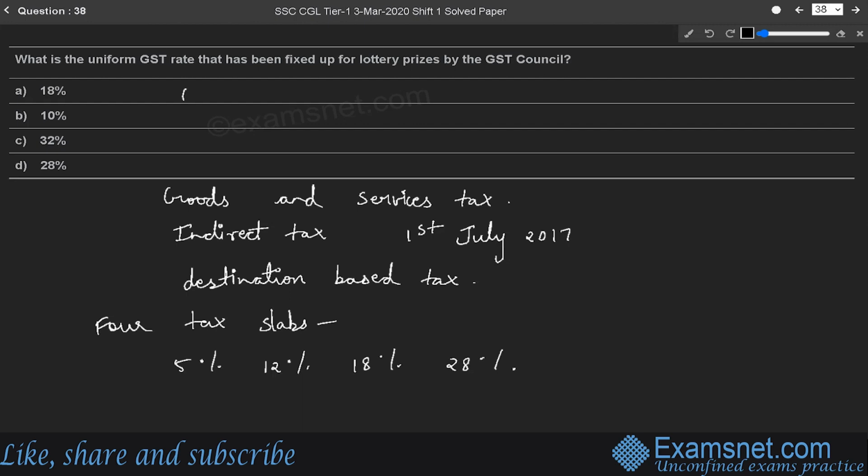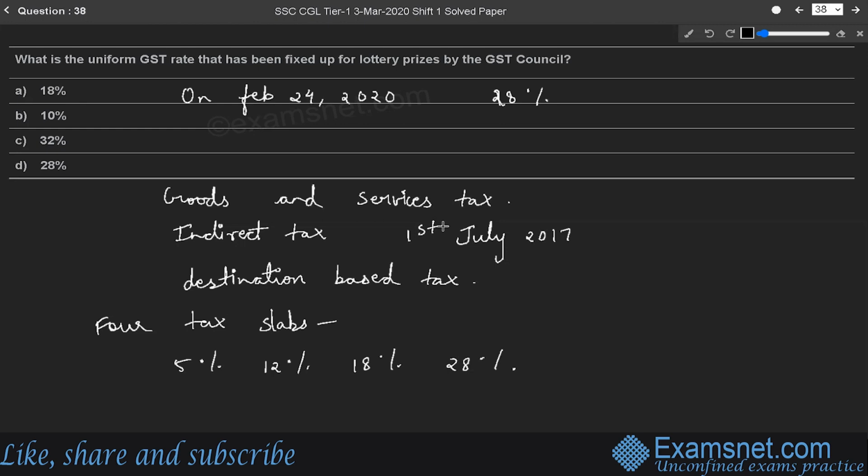So on February 24, in the year 2020, through a notification of the Central Board of Indirect Taxes, all the lotteries were brought under the tax slab of 28%. And all the lotteries, whether state-run or with private ownership, will now fall under this uniform tax rate.